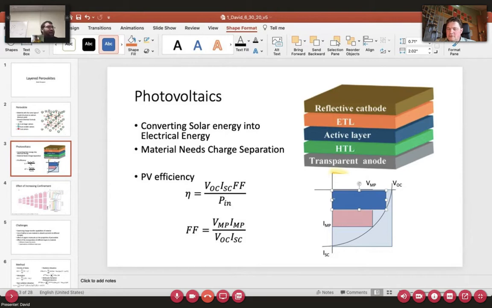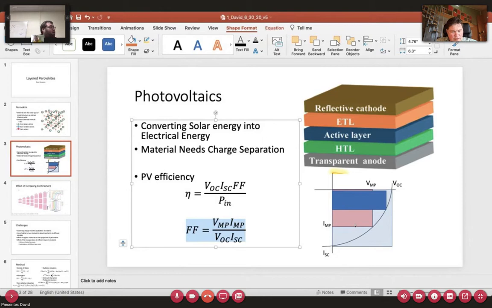Yeah, and this is just a schematic of this figure. I just put it together by hand with lines and boxes in a PowerPoint here. So this is a very nice looking version of it. But if you look at the fill factor here, you'll see that the areas are involved in the calculation of efficiency.